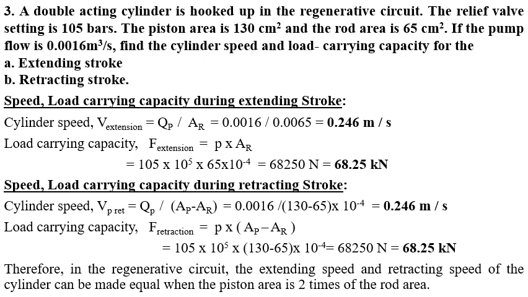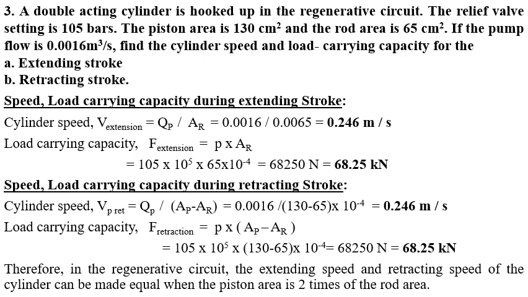We have discussed in the expression of the regenerative circuit that to make velocity during extension equal to velocity during retraction, or speed during extension equal to speed during retraction, in such cases, make the piston area 2 times larger than the rod area.